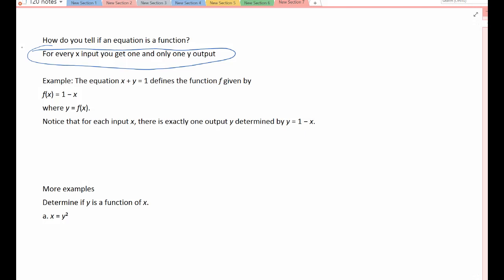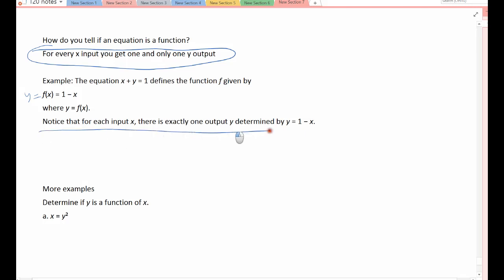So the first example, if I have the equation x plus y equals 1. Well, if I solve for y, because I want my function to be y equals f of x, that's what we do. We solve for y. I've moved the x to the other side by subtracting it. I get y equals 1 minus x, and we replace y with f of x notation.